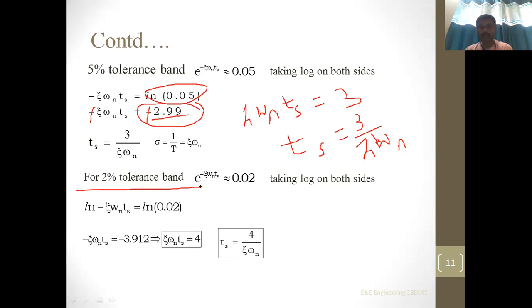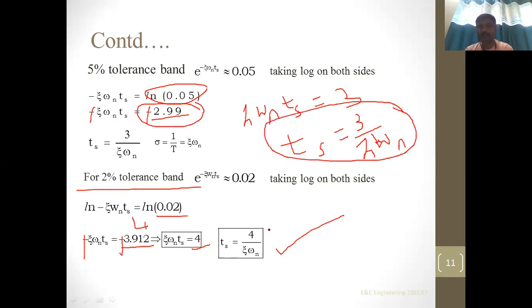Next, for the 2% tolerance band, we have the same thing, but instead of 0.05, I need to go with 0.02, giving minus 3.94 by xi.